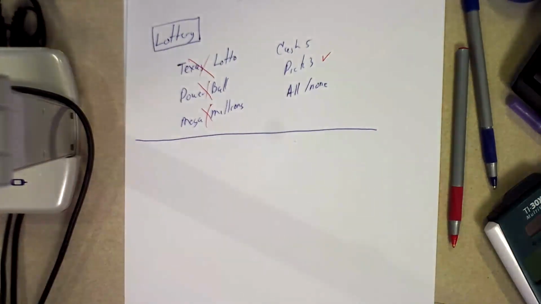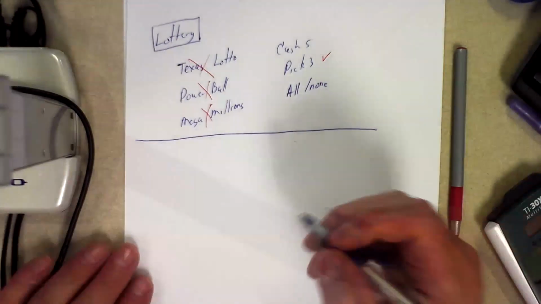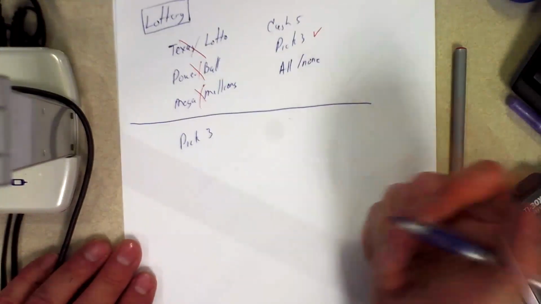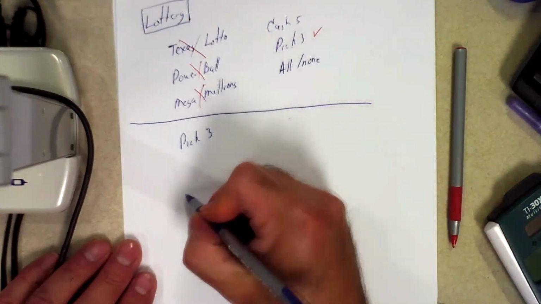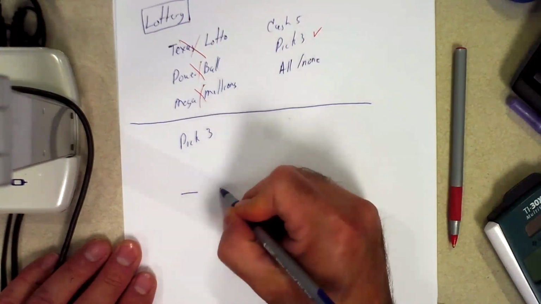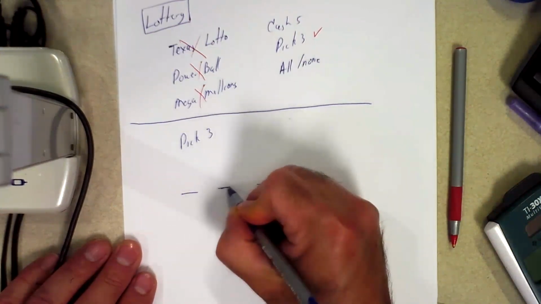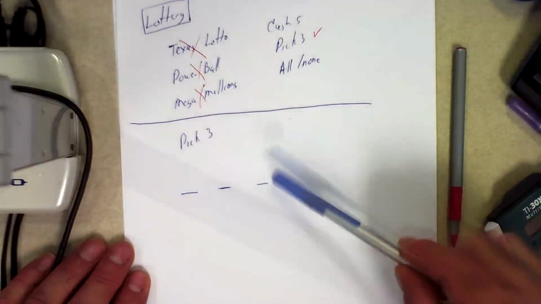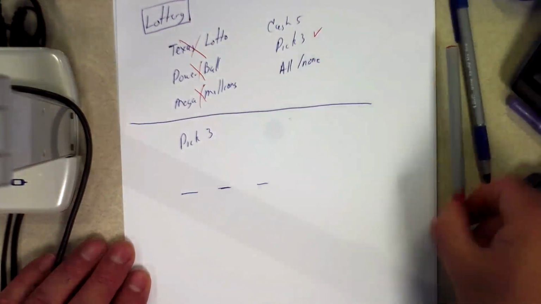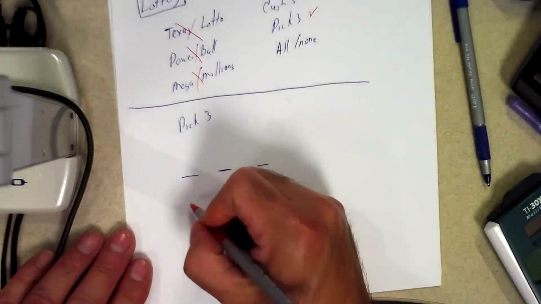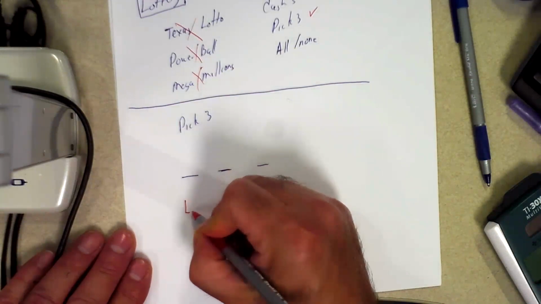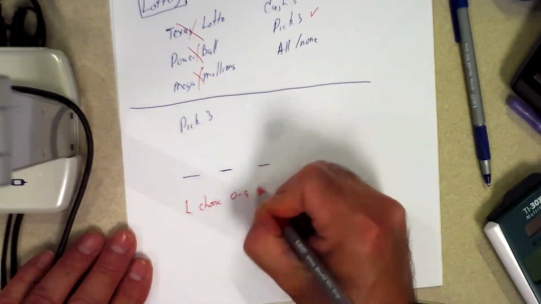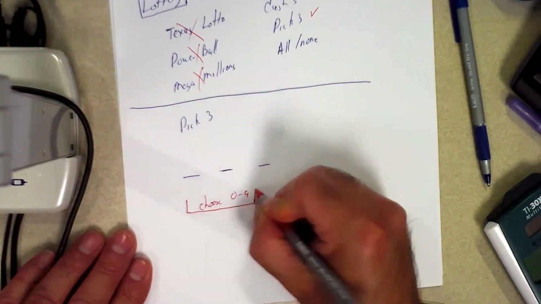So the way it goes is, you have to choose 3 balls, and you have to choose a number for each of those balls. You have to choose single-digit values, from 0 to 9.